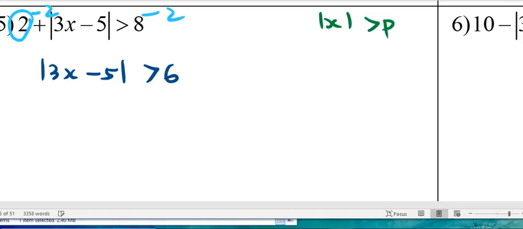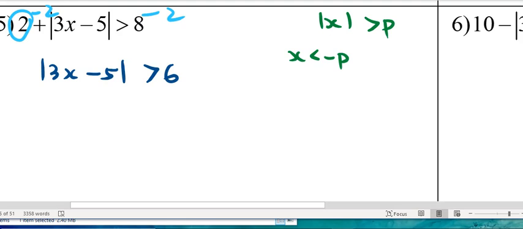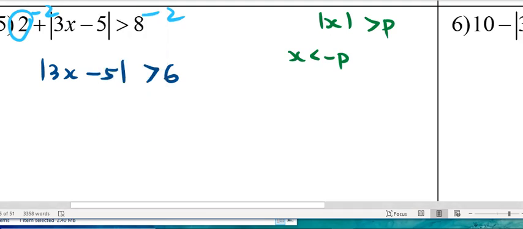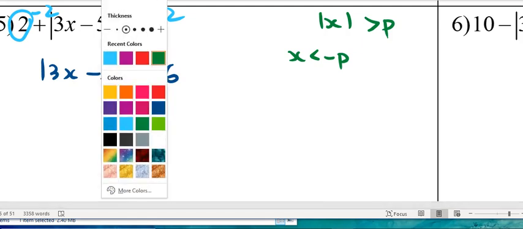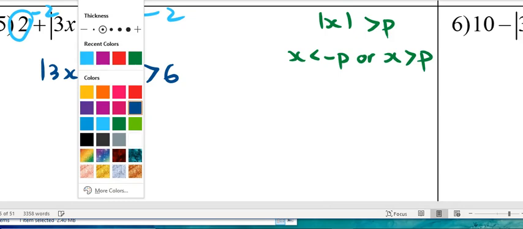The third condition means that your x is less than negative p, no equal sign, or x more than p. So get the answer in.